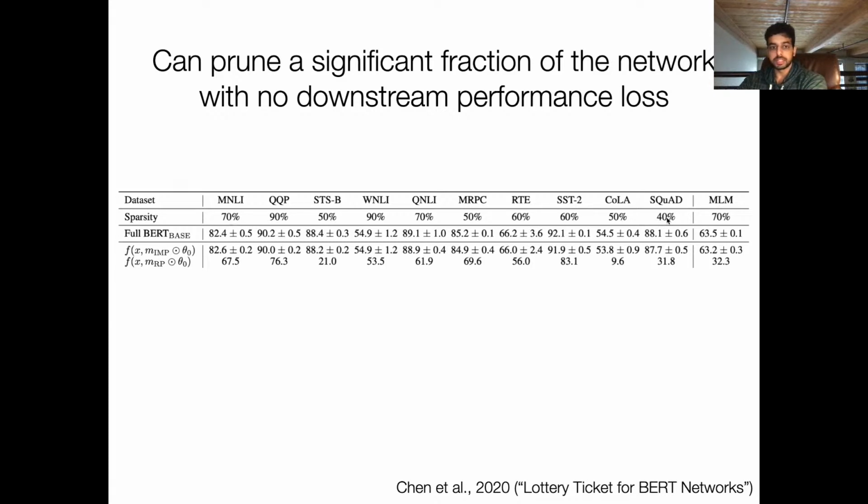For something like SQuAD, they were only able to prune, say, 40% of the parameters, versus for this QQP data set, they could prune 90%.